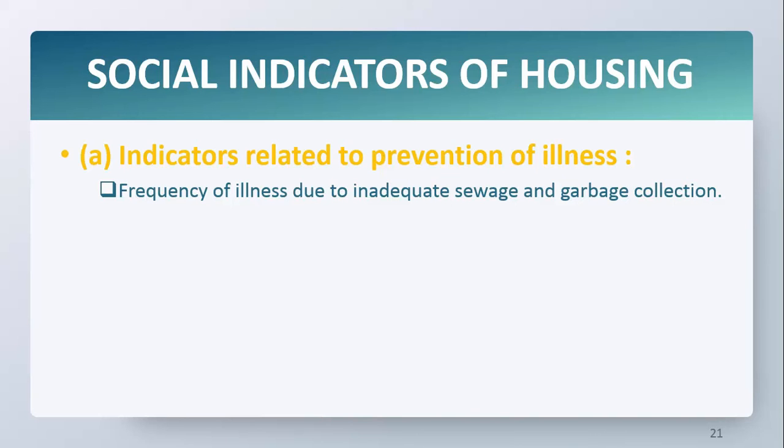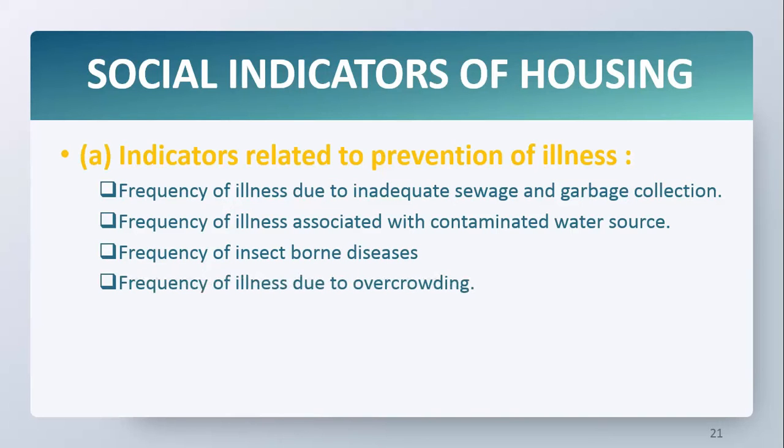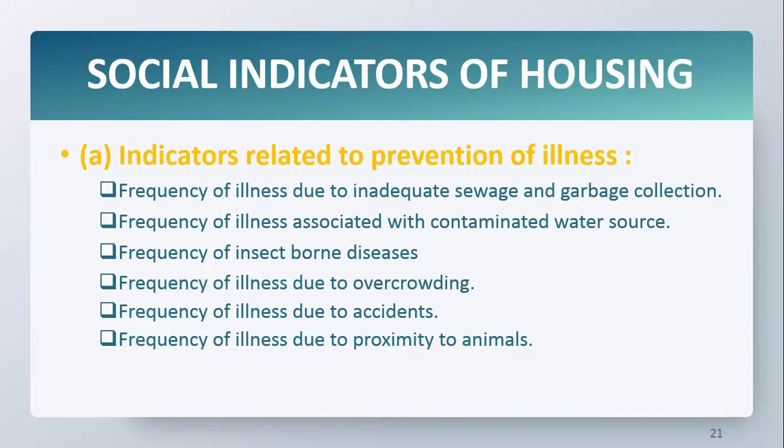These are the frequency of illness due to inadequate sewage and garbage collection, frequency of illness associated with contaminated water source, the frequency of insect-borne diseases, the frequency of illness due to overcrowding, frequency of illness due to accidents, frequency of illness due to proximity to animals, and access to medical facility.